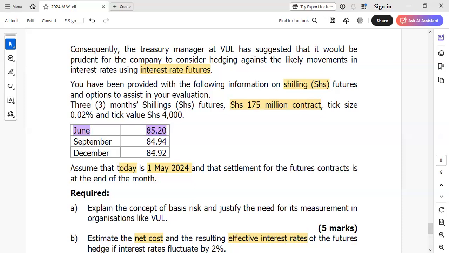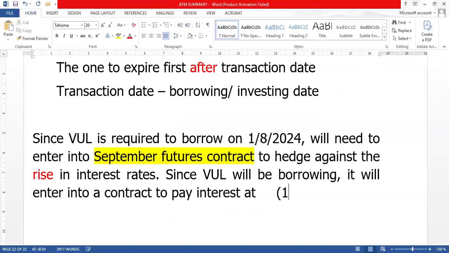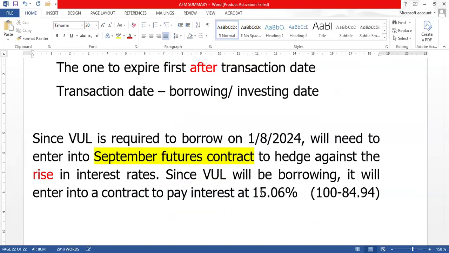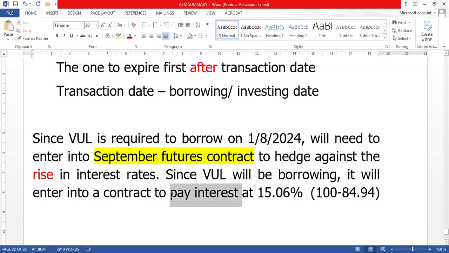You get 100 minus what? 84.94. What do you get in terms of percentage? That one will be 15.06%. So you enter into a contract to pay interest at this. So that is your opening.